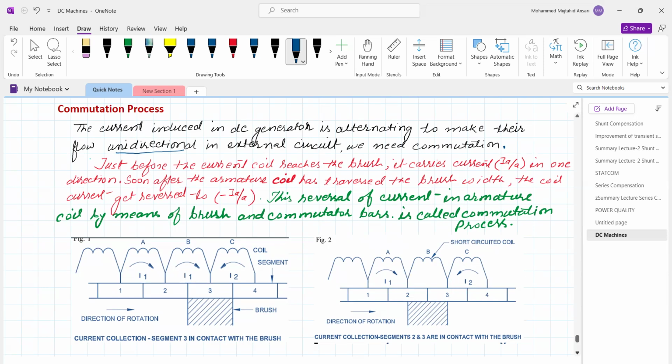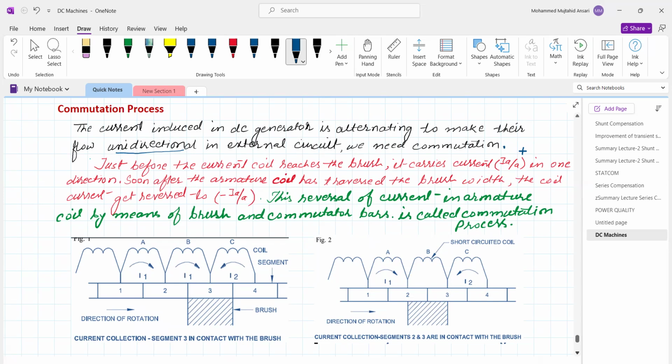Just before the coil reaches the brush, it carries the current IA upon A. IA is the armature current in the conductors or a coil, and A is the number of parallel paths. Suppose in one position the current is positive. Soon after, when the armature coil has traveled past the brush, the coil current gets reversed to minus IA.